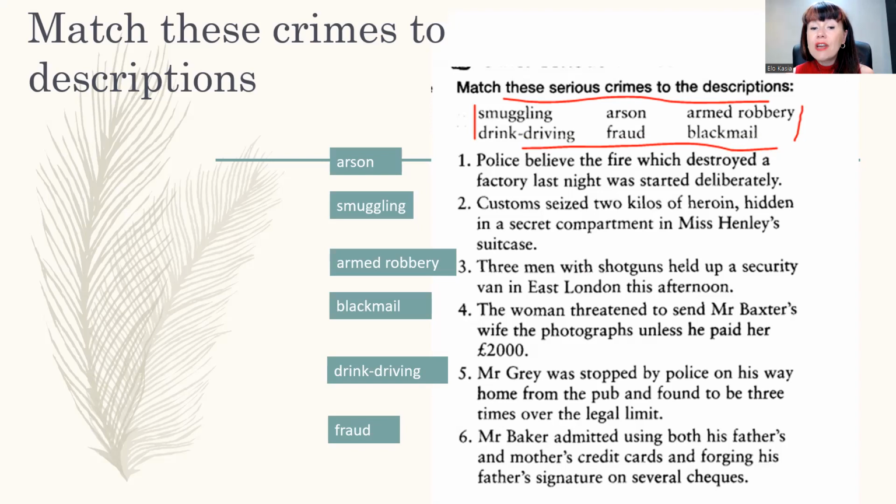Drink driving is when you drive with alcohol over the legal limit. And fraud is a general term used to describe different types of crime. It could be forging, using other people's cards, stealing their details, things like that. So fraud has quite a wide range of meanings. Okay, but well done if these were your answers.